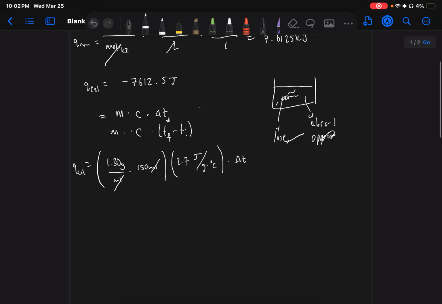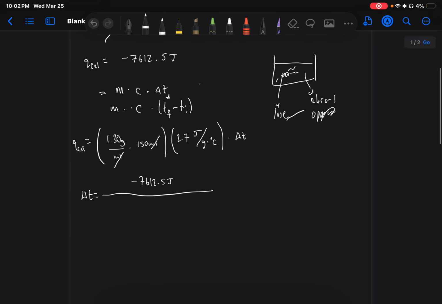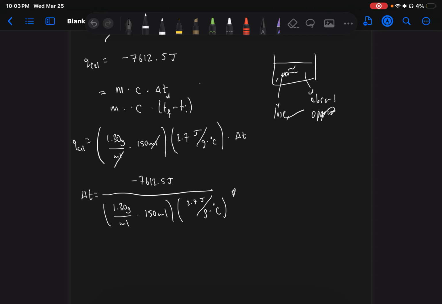Okay, so we need to find change in temperature, so I'm just going to divide this Q calorimeter over what I wrote right there, so I'll rewrite it just to make it clear. mL cancel out, grams cancel out, joules cancel out.